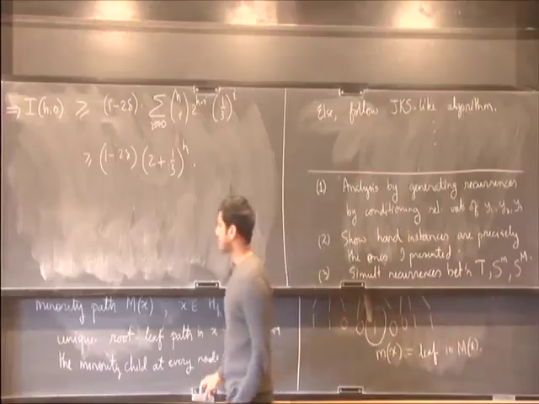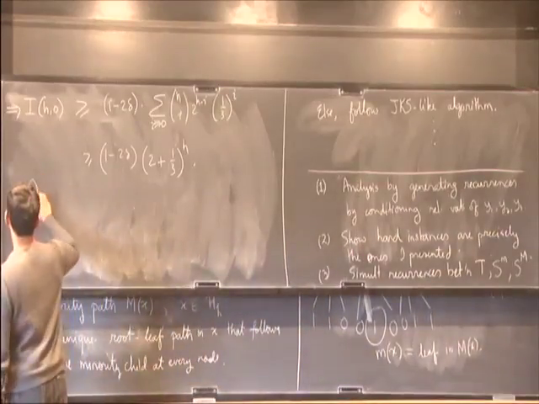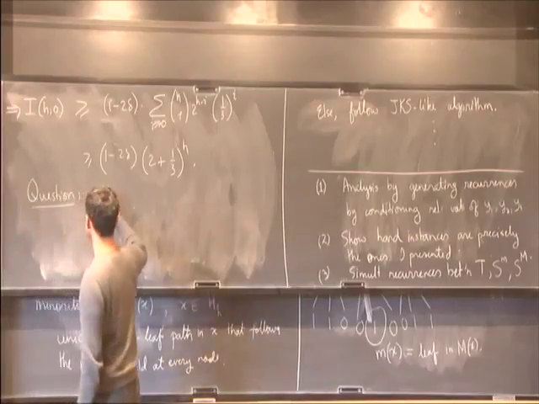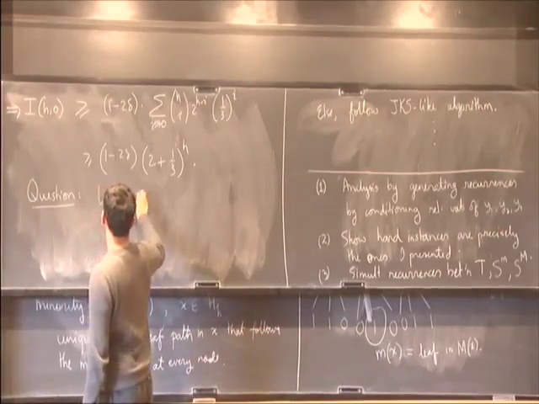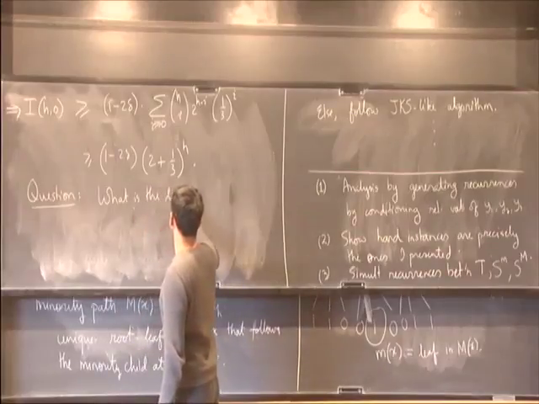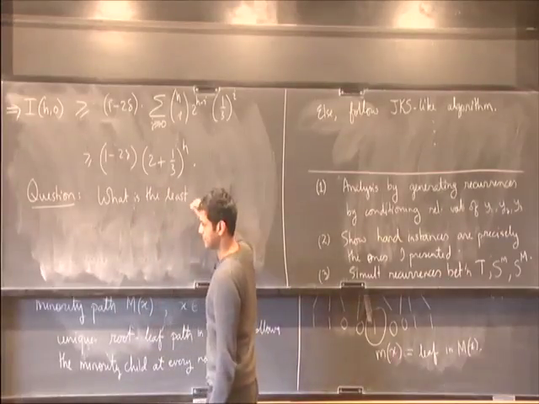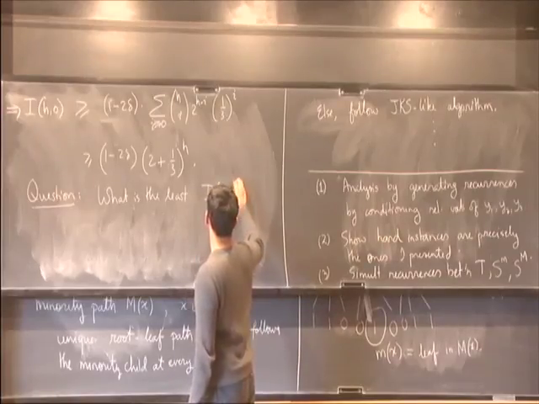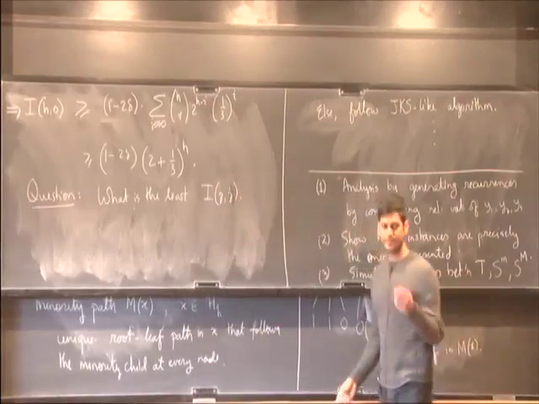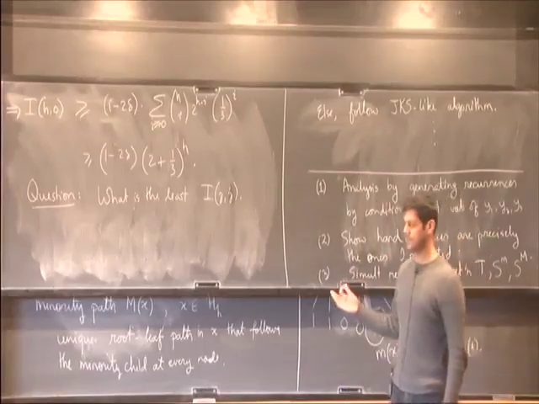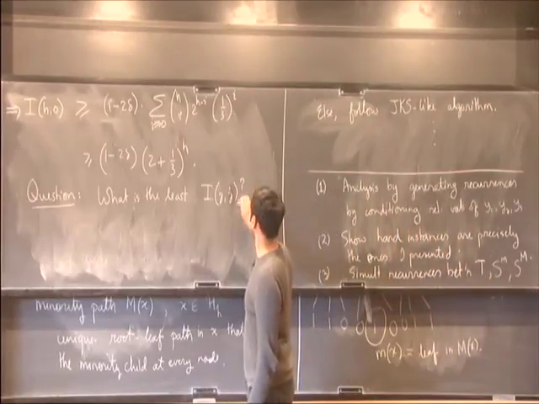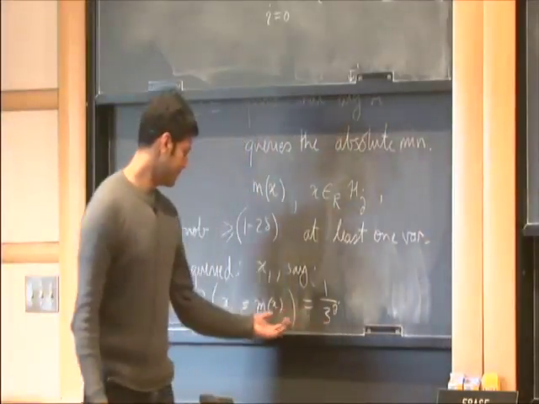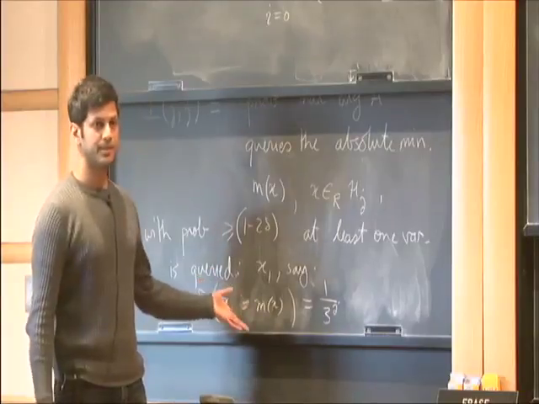So the question we asked was, what is the least this quantity could be? So given an algorithm that solves the problem with error delta, could we show a bigger lower bound on the probability that the absolute minority is queried?